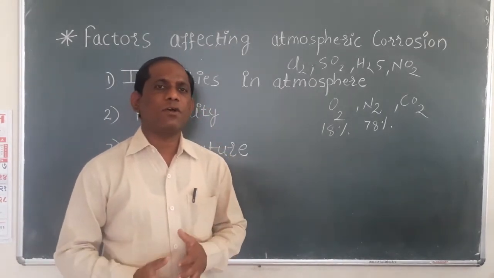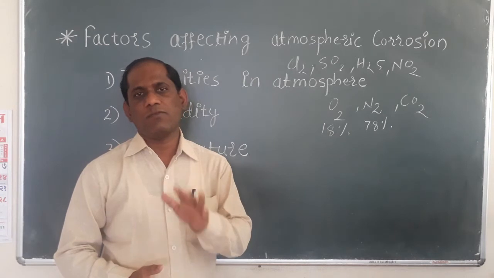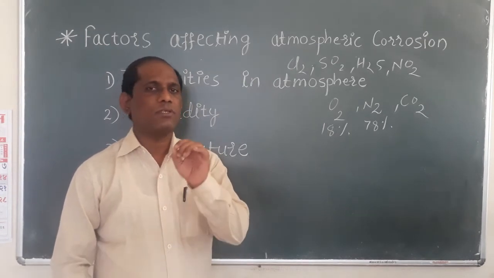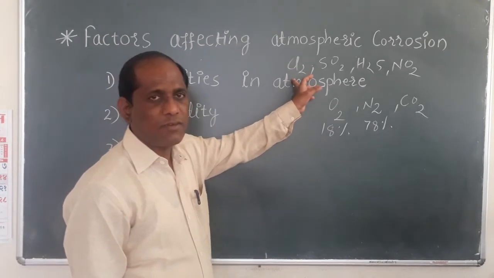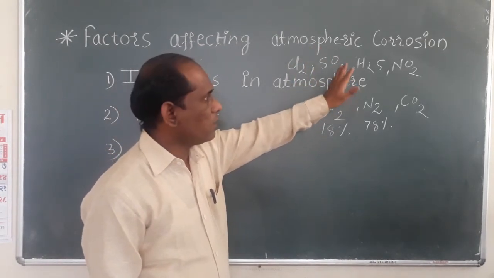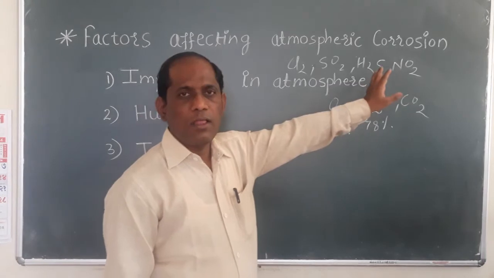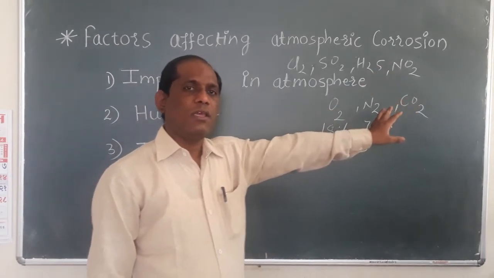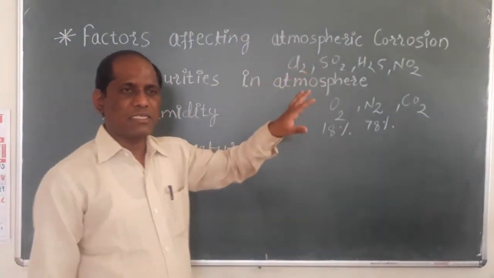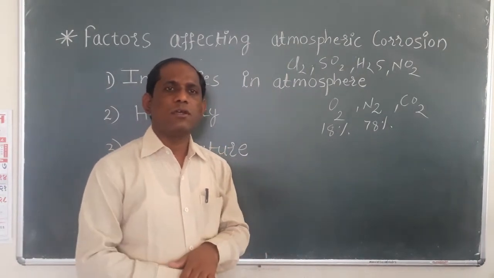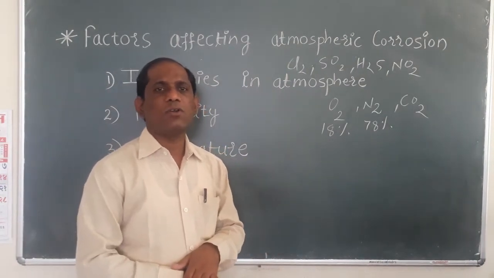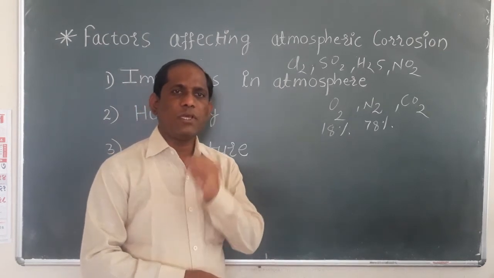This means that the rate of atmospheric corrosion in an environment having those gases, that is chlorine, sulfur dioxide, H2S (hydrogen sulfide) and nitrogen dioxide, in a larger percentage in the atmosphere, will be greater at such places.